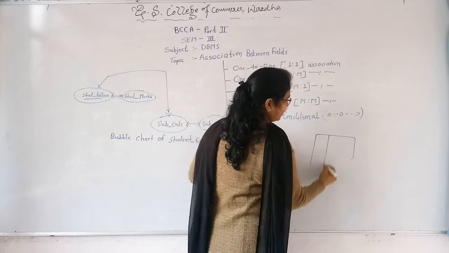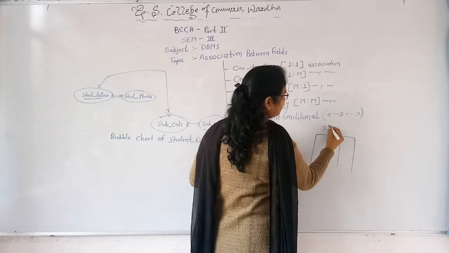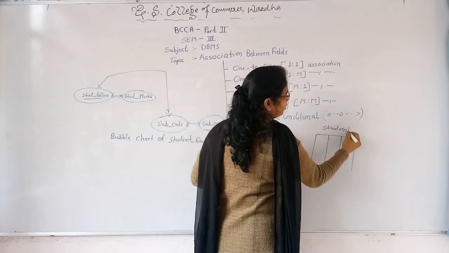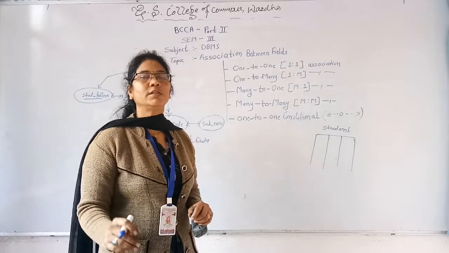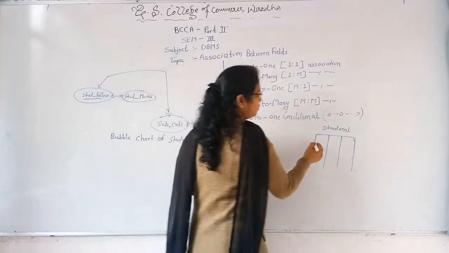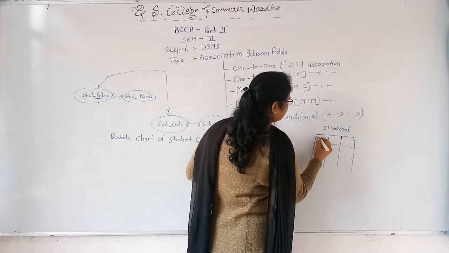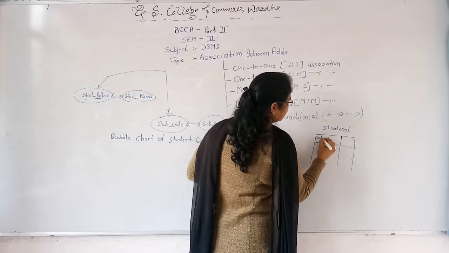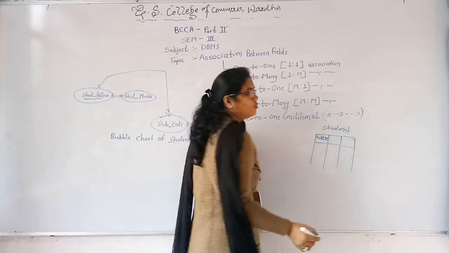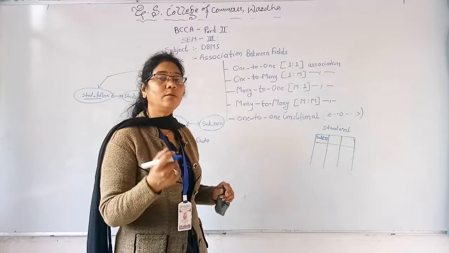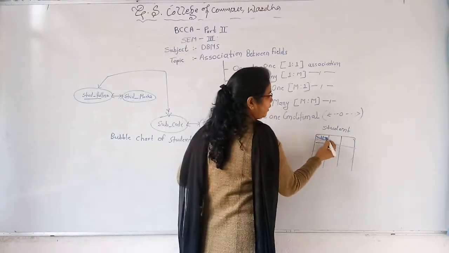If I consider the student table for storing the information of the student, here the student ID or student roll number or student enrollment number is nothing but the field name.